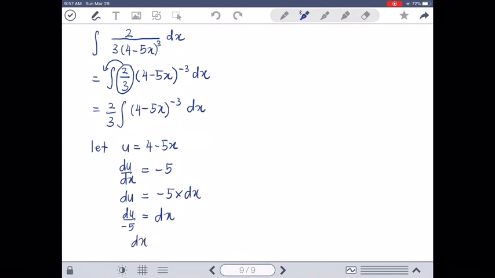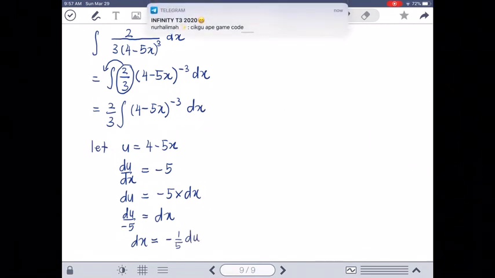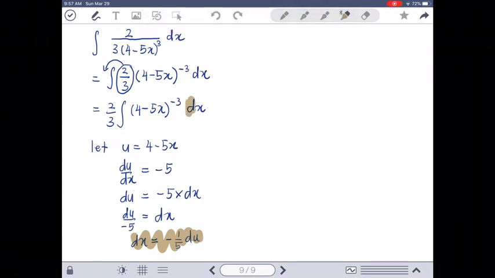Hence, dx is equals to negative 1 over 5 du. Now use this value, substitute into here, and use this one, substitute here.